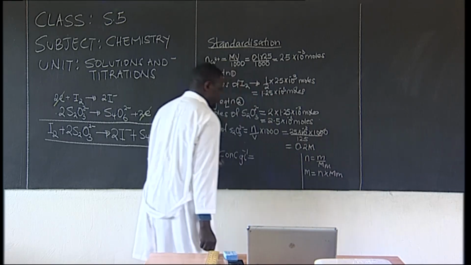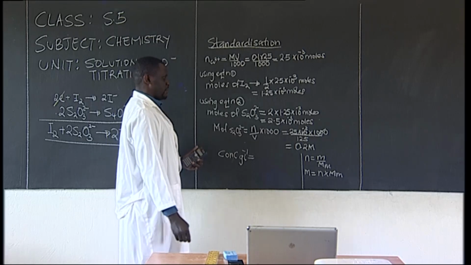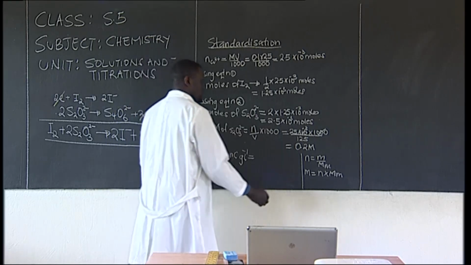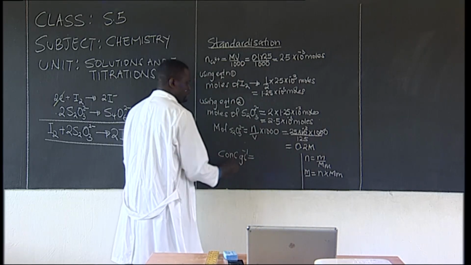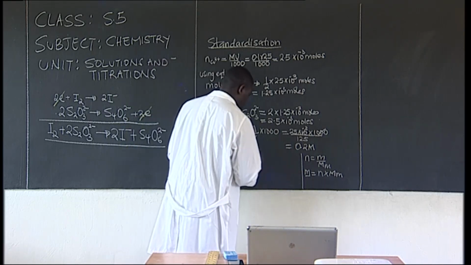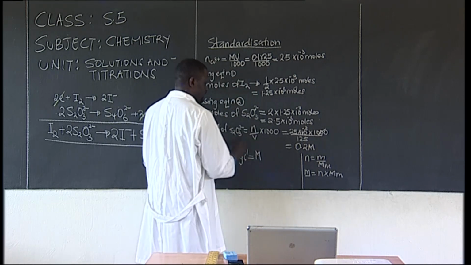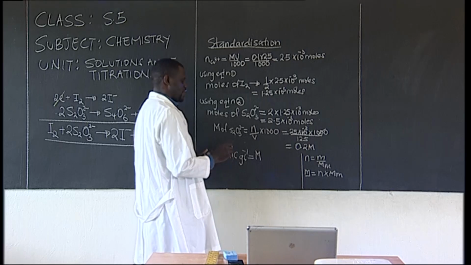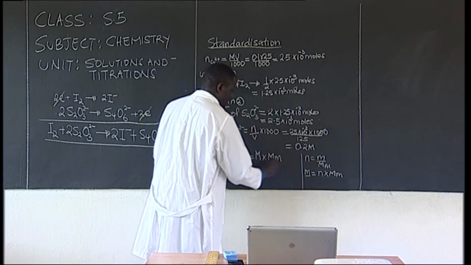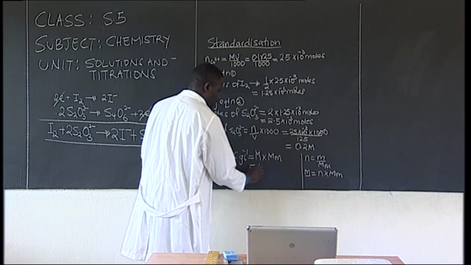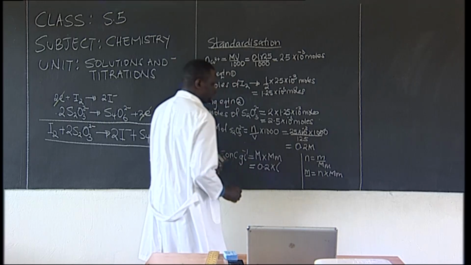It means we need to find the molar mass of sodium thiosulfate. We want mass in 1 liter, which is concentration in grams per liter, and moles in 1 liter is molarity. So concentration in grams per liter, which is mass in 1,000 cm³, is molarity times molar mass. We shall have 0.2 times the molar mass of sodium thiosulfate.